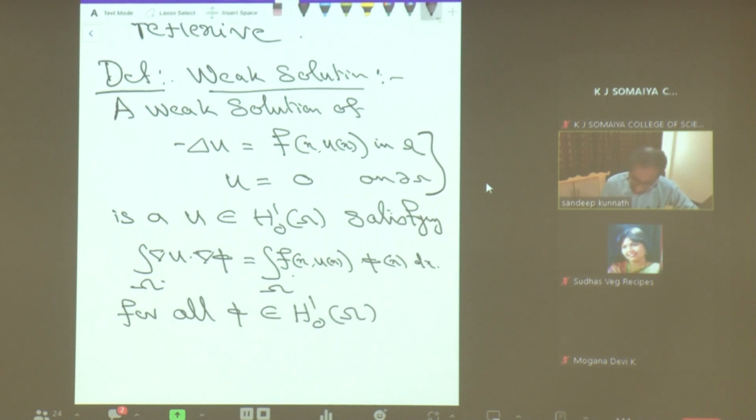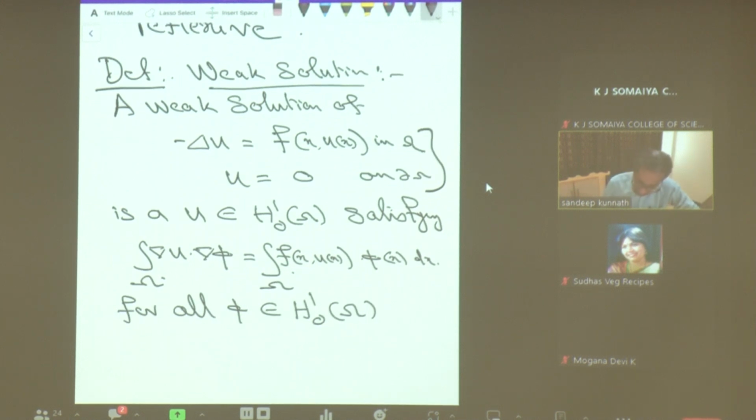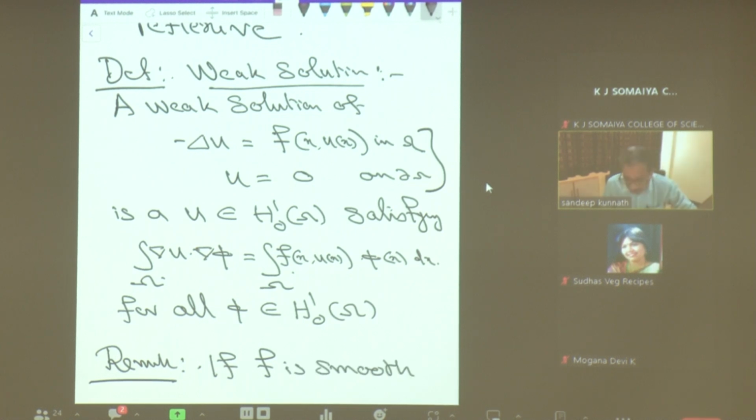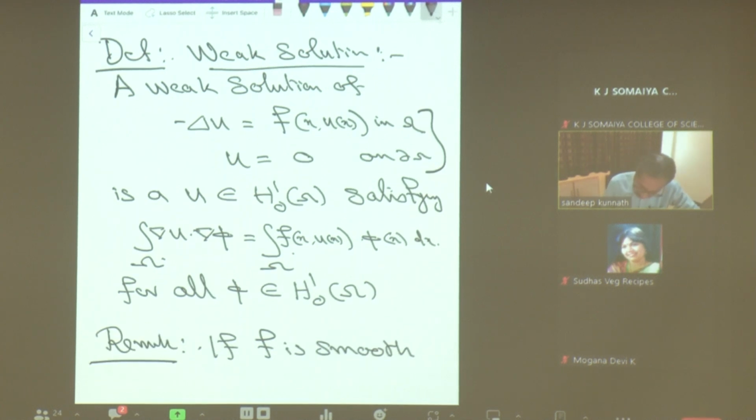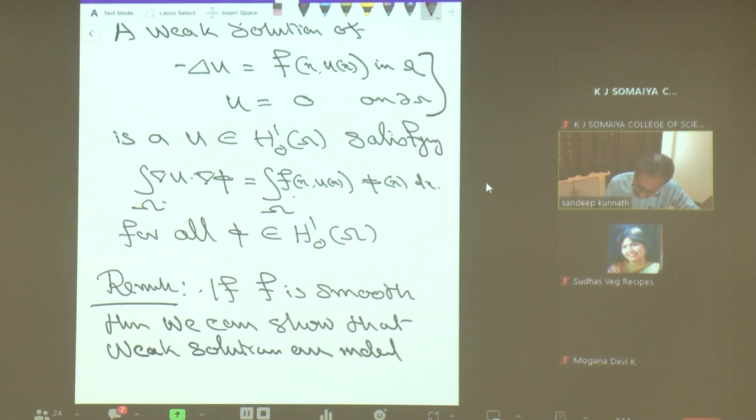Okay, and then the question is, I will make it a remark here. Remark. If f is smooth, that means just now I assume that it's only continuous, suppose we assume C^1 or something like that, then we can show that weak solutions are indeed classical solutions.